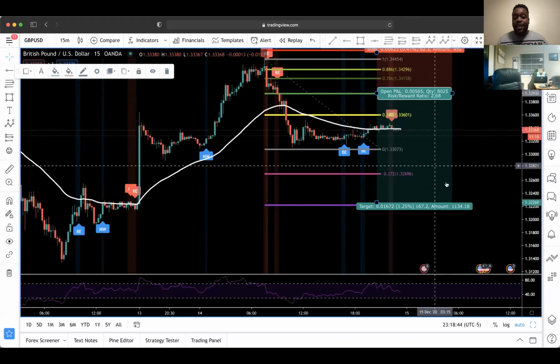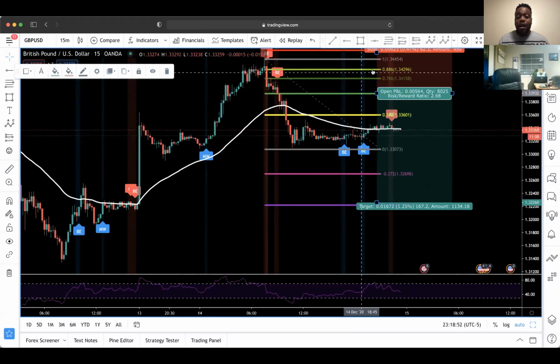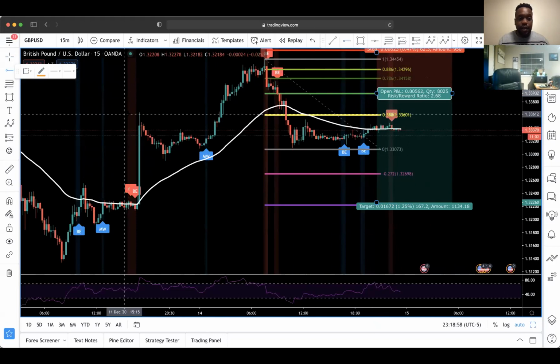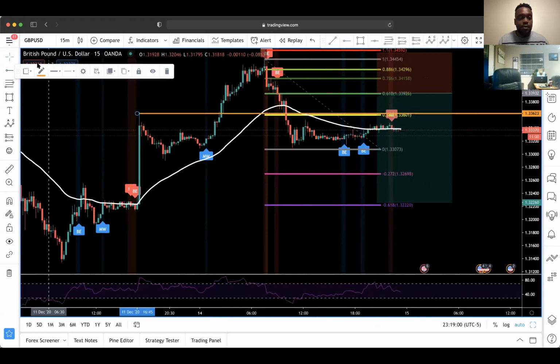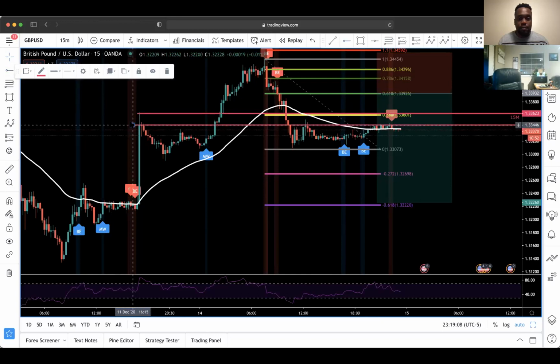Now, let's say if I wanted to market execute and enter manually, right? Let's say price was already up here or already found the ceiling, because honestly, looking at this right here, I don't know why it's dotted. Boom.